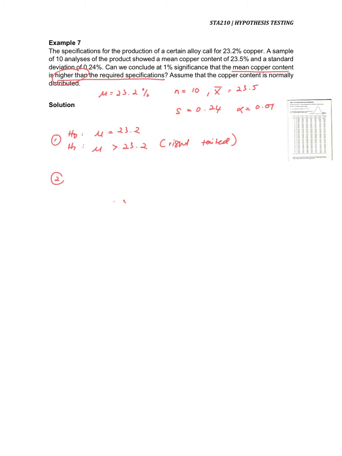Step yang kedua, we need to calculate the test statistic value. So our test statistic value is, we're going to use T equals to x bar 23.5 minus mu naught 23.2 over S over square root n, 0.24 over square root 10. So we will get the answer for the test statistic is 3.95.